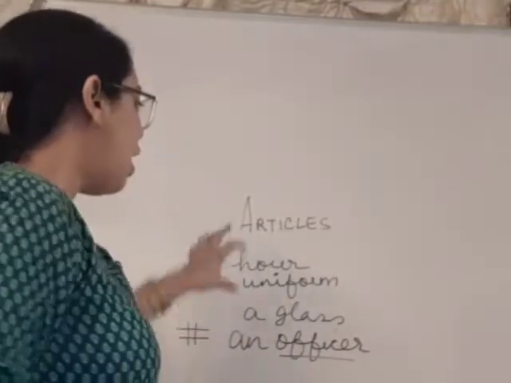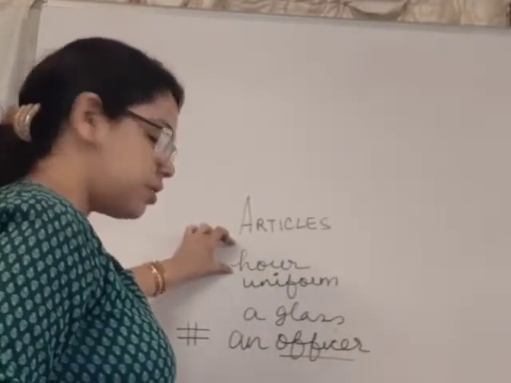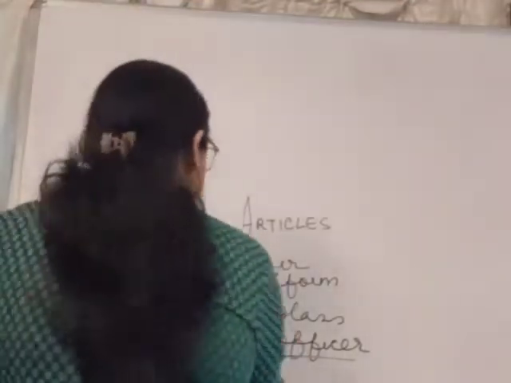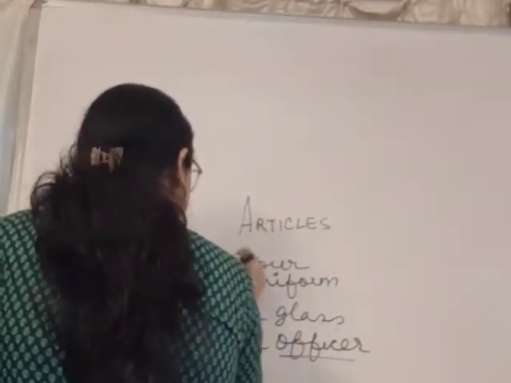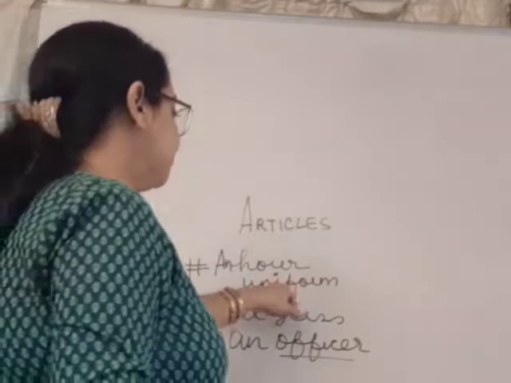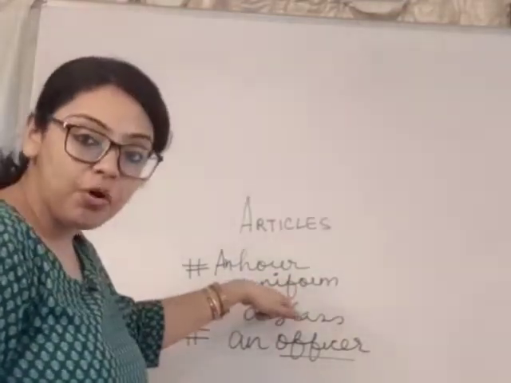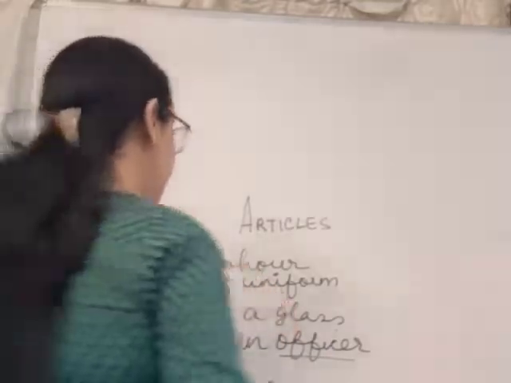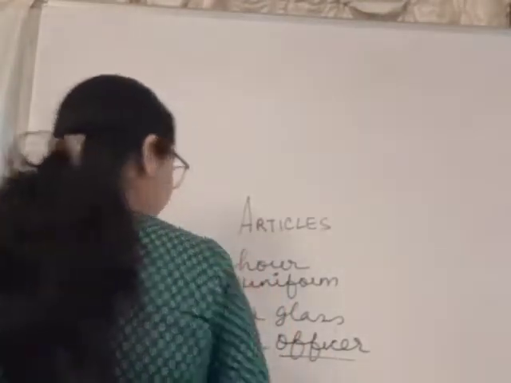Now, the word hour starts with H, but still we put an before it. And the word uniform, though it starts with U, which is a vowel, we put a before it.